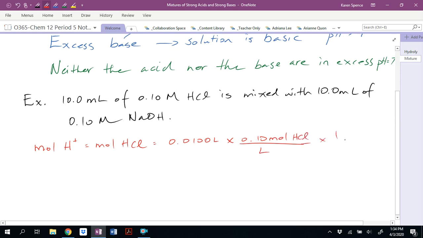And then we know that there is 1 mole of H+ for every 1 mole of HCl. This would be different if it was a diprotic acid, for example. Okay, and that is going to give us 0.0010 moles of H+.